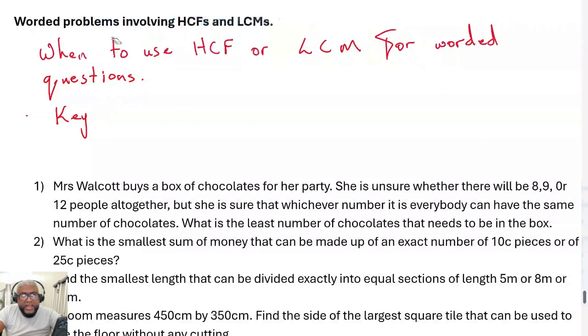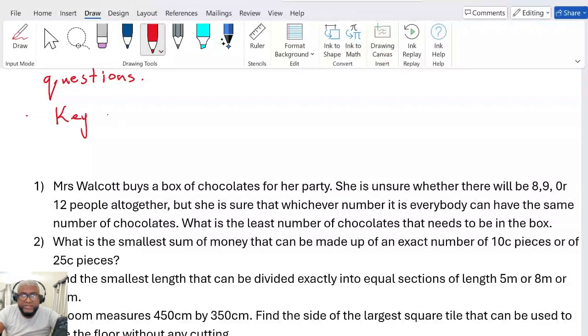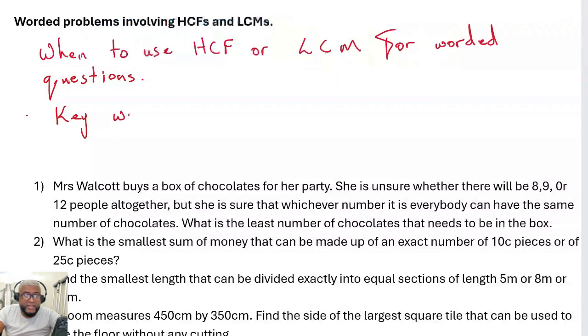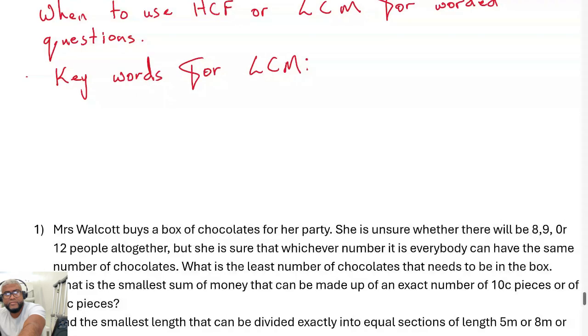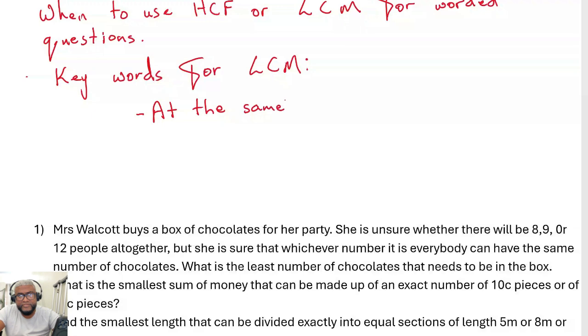Once your question has these words in it or asking these words, we can imply that it's LCM, right? So keywords for LCM, right? So if you see at the same time, this implies LCM, right?